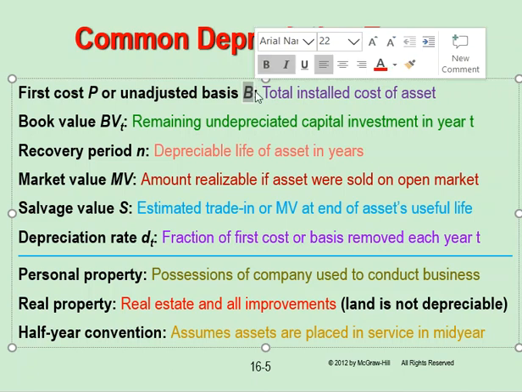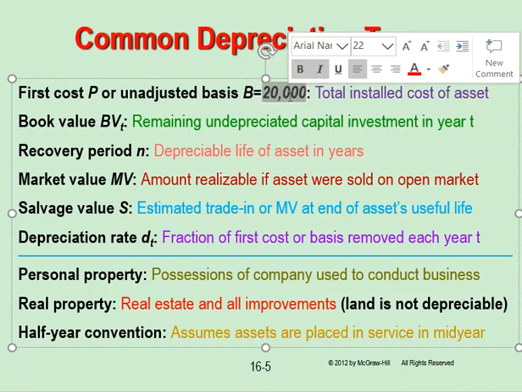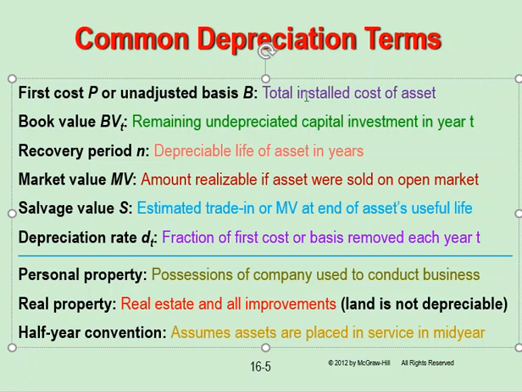So when I'm buying a new car and I pay $20,000, I will say B is equal to $20,000. So it is my first cost. Clear? It is the total installed cost of the asset, my first cost of the asset.